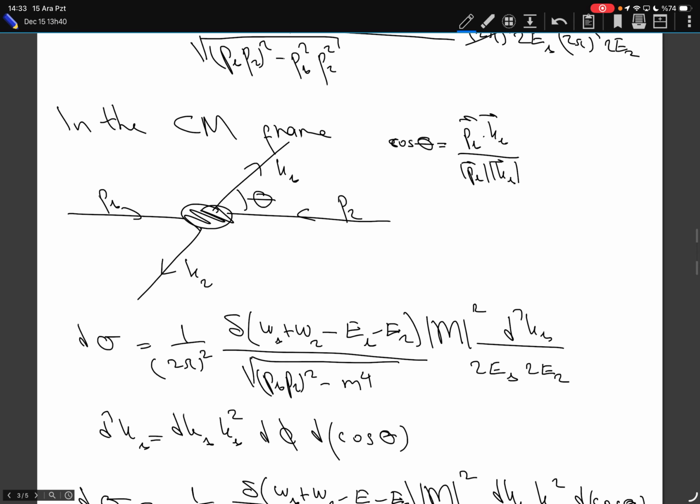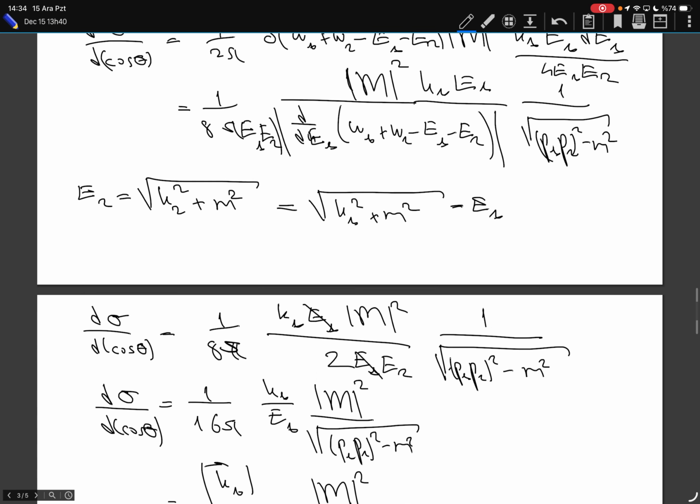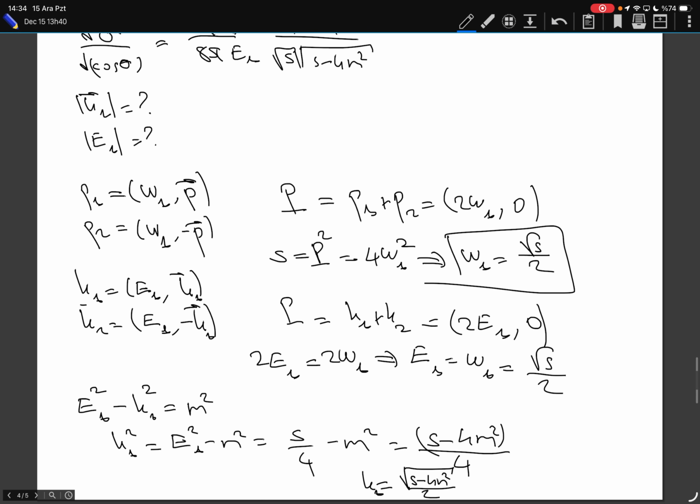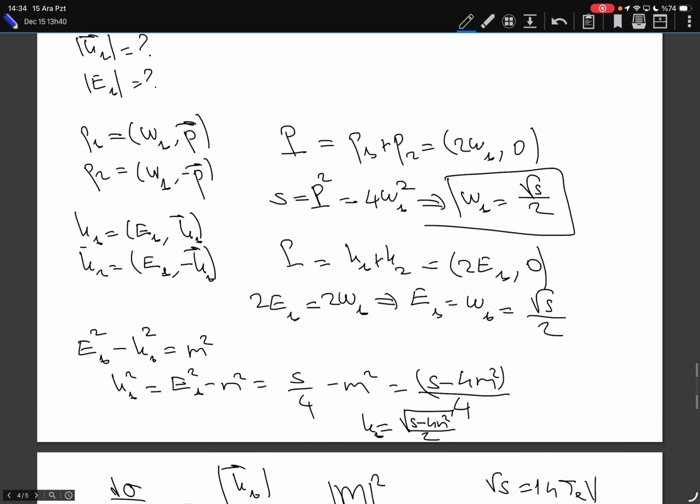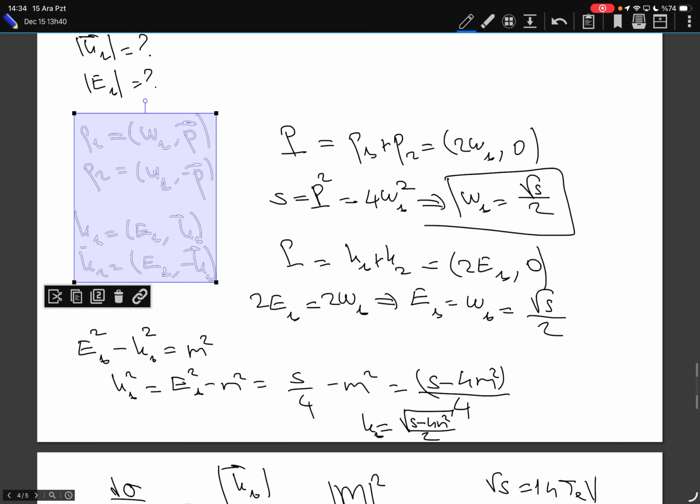So if you see P1 and K1, it will be somewhat related to P1 minus K1 squared. Let's calculate P1, which is T. Now, in the center of mass frame, just keep these expressions in your mind.